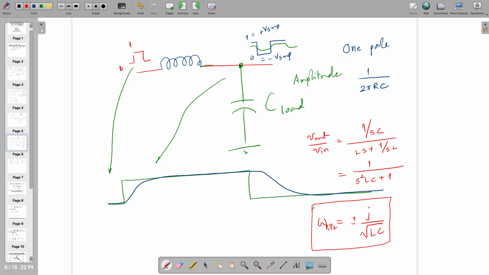In reality, this is not going to happen. There is something else going to happen, which is called ESR. Have you heard about ESR? Series resistance of inductor. So in reality, inductor is not a purely inductive. It will have some resistance, right? Then even for capacitor also same thing.